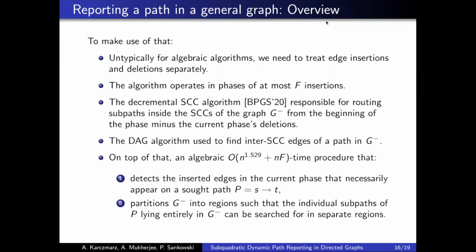And on top of that, an algebraic order n to the 1.529 plus nF time procedure is used that detects the inserted edges in the current phase that necessarily appear on a sought path P from S to T and partitions G minus into regions such that the individual subpaths of P lying entirely in G minus can be searched for in separate regions, which is very crucial.